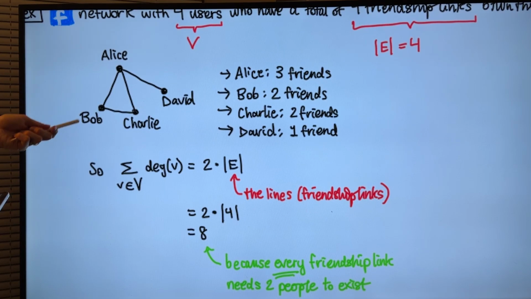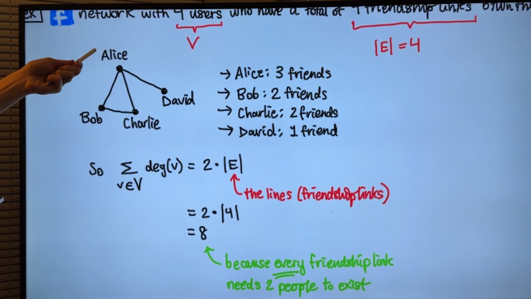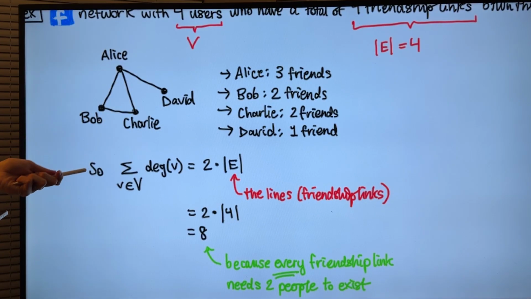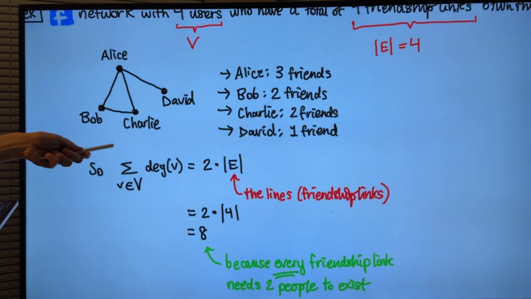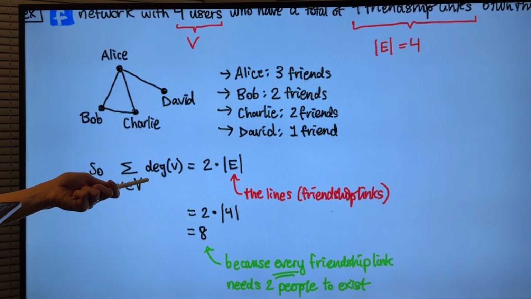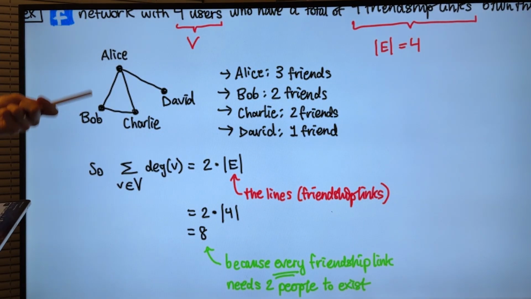So you're just going to count those links and double it because there's 2 people involved, even though we only deal with these 4 people. Yes, we're going to see Charlie again with his friendship with Bob and his friendship with Alice. But every friendship involves 2 people. So that's what we're considering, holistically speaking. So we take 2 times the number of friendship links, and that's why we get 8, because every friendship link needs 2 people to exist.